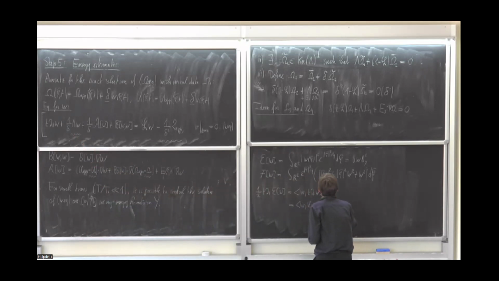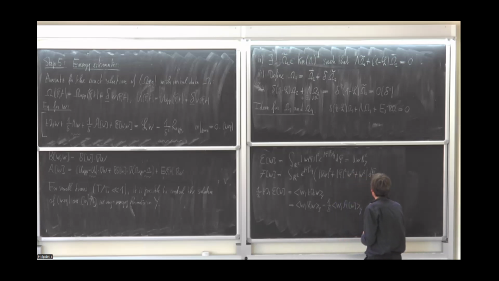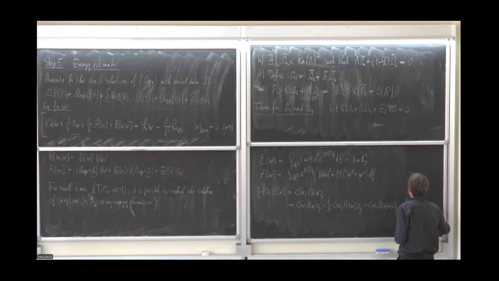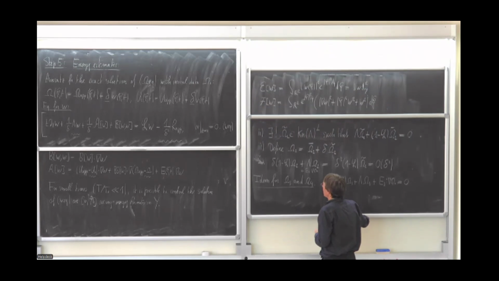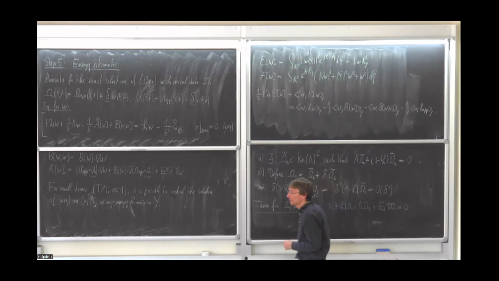Then you have 1 over delta, so this is a potentially dangerous term, A of W. Then you have the nonlinearity, minus W scalar product with D of W W. And finally, there is 1 minus delta squared times the scalar product of W with the remaining term. Very simple energy estimate. Okay? So let's look at the various terms and see whether they are difficult. They are not.